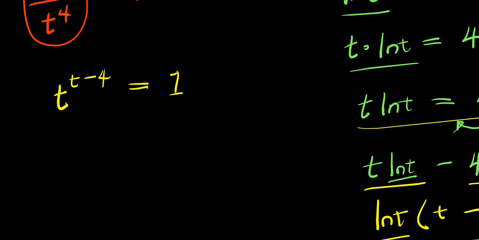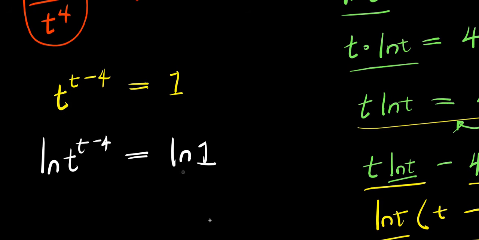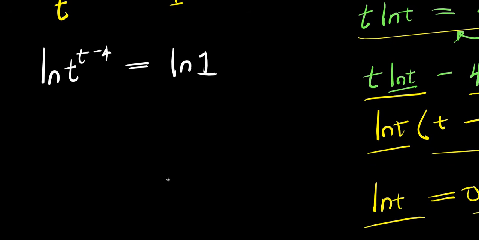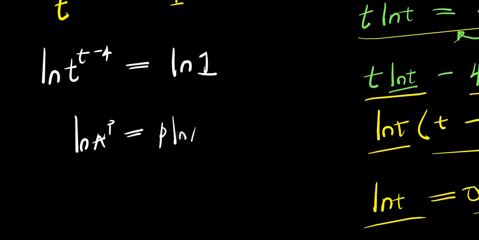So what I'm going to do will be to apply natural log. I have natural log of t power t minus 4 equals natural log 1. Now, I can apply this. If you have natural log a power b, this equals b times natural log a, right?